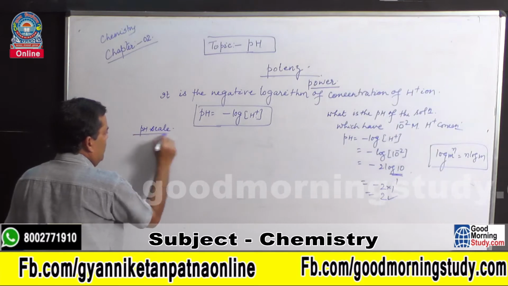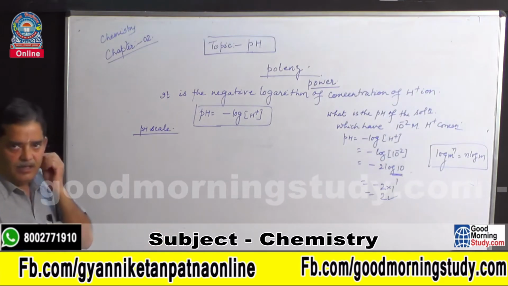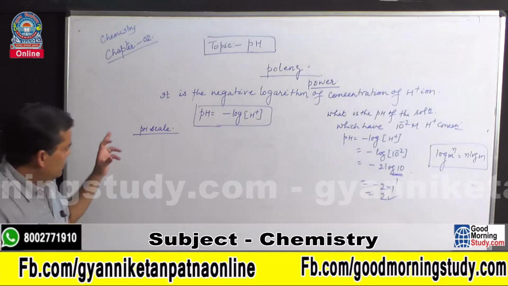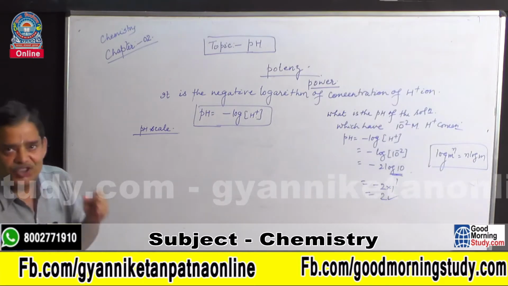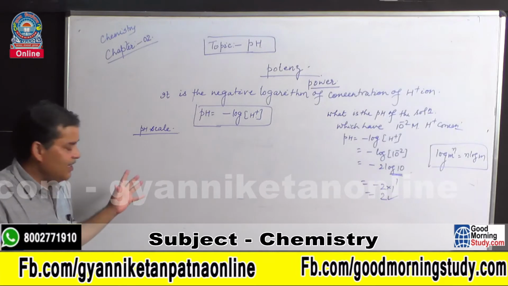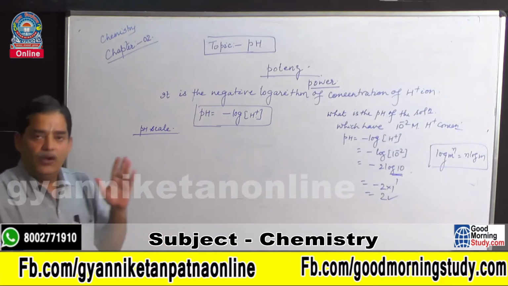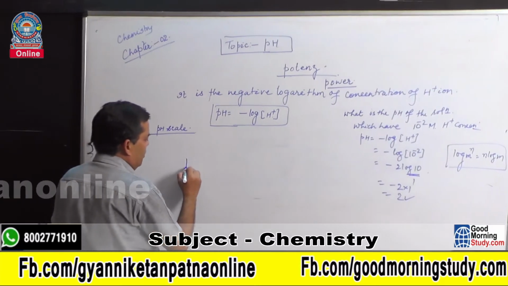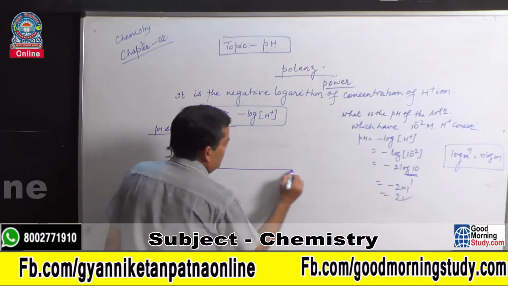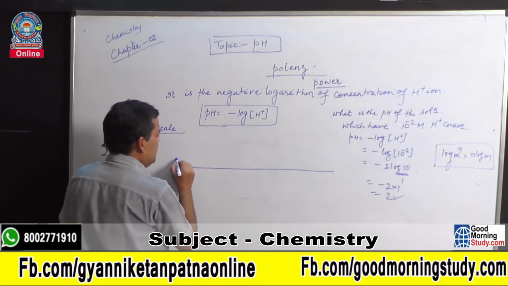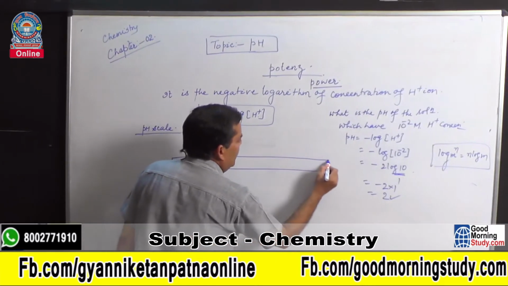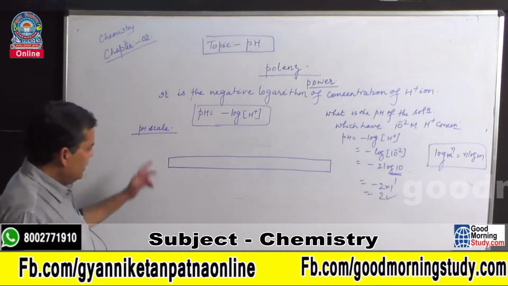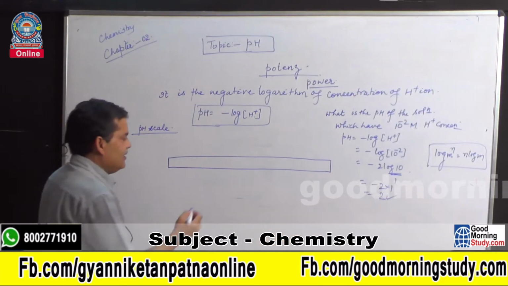Now another most important thing is the pH scale. What is the pH scale? The pH scale represents the nature of a solution, whether it is a basic solution, acidic solution or neutral solution. First of all, this scale was made by Sorensen, so it is also known as the Sorensen scale.